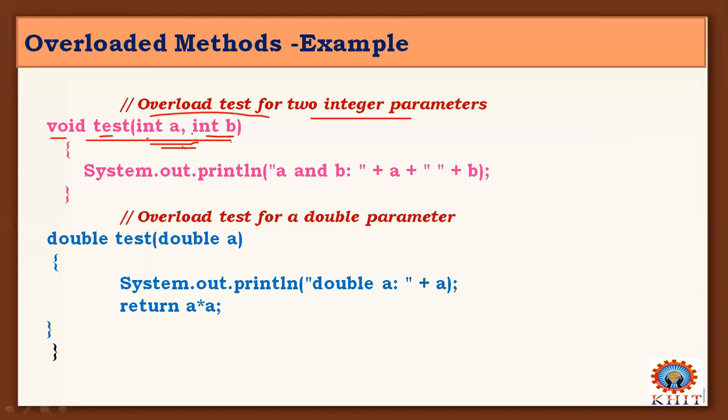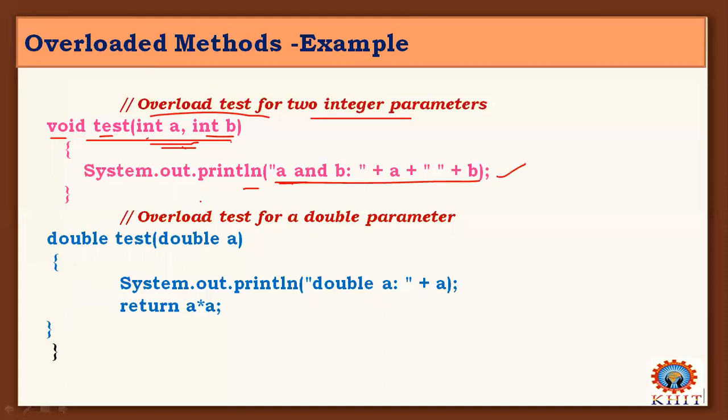These two parameters need to be passed when we invoke this method, and it accepts them and displays them using this statement on the screen.